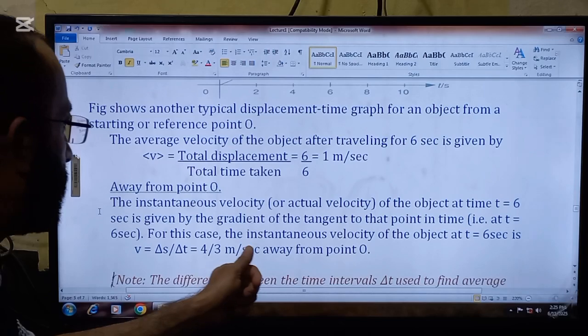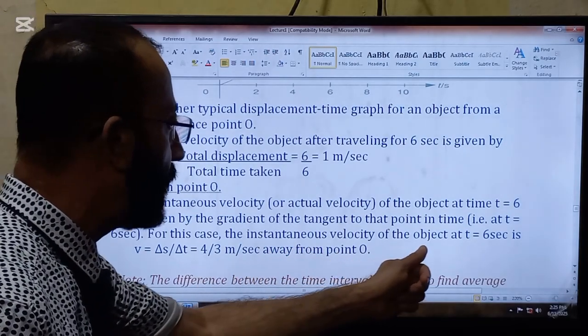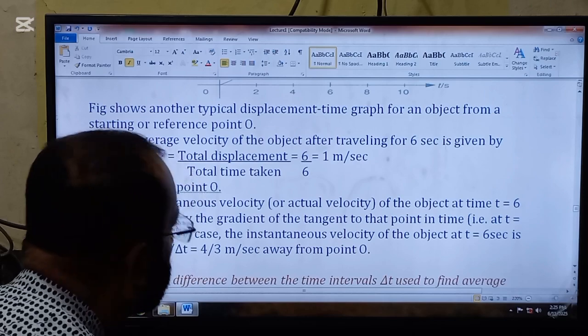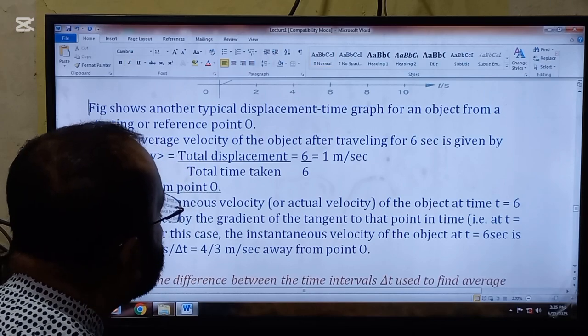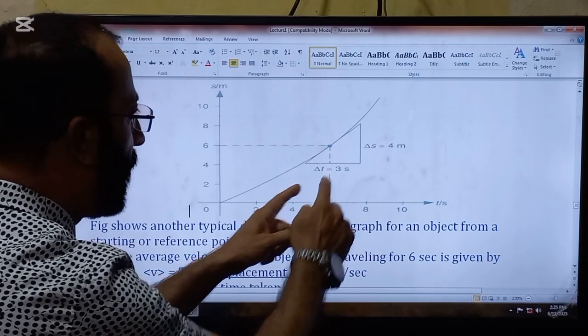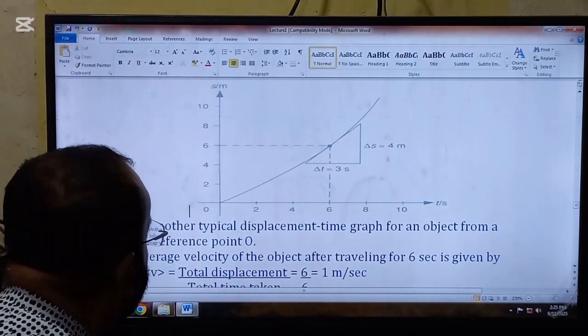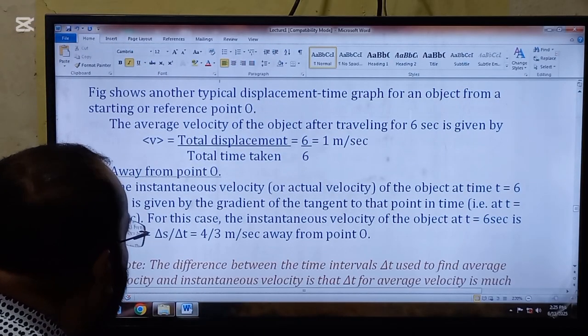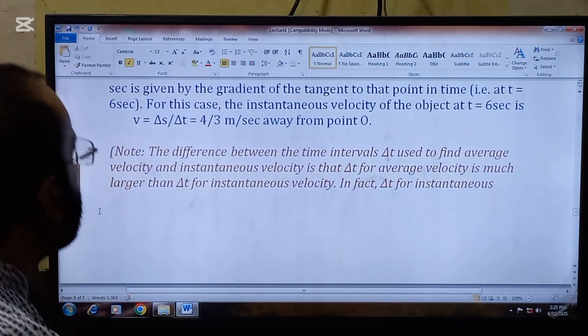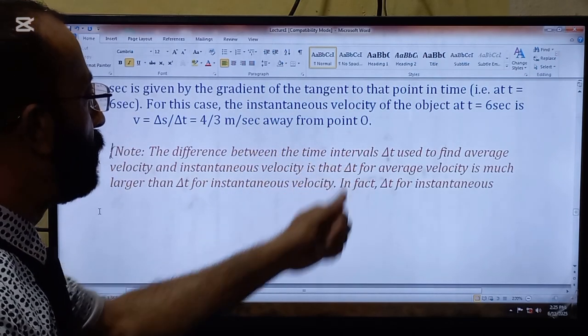For this case, the instantaneous velocity of the object at time 6 seconds is 4 by 3. So look now again. This is the instantaneous velocity, 4 by 3. So this is the answer away from the point O.